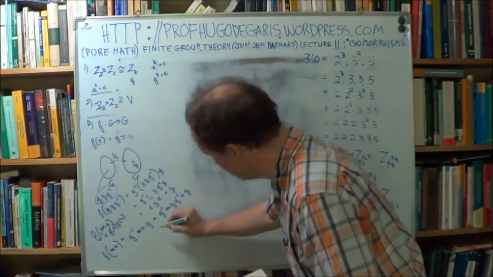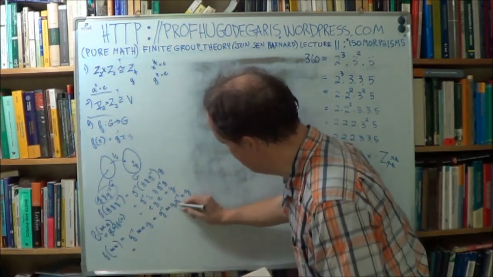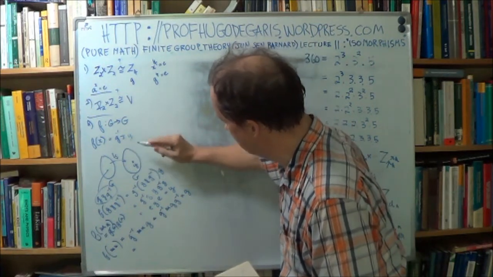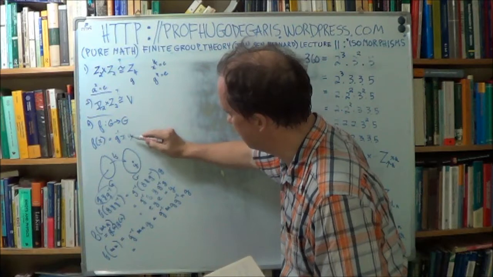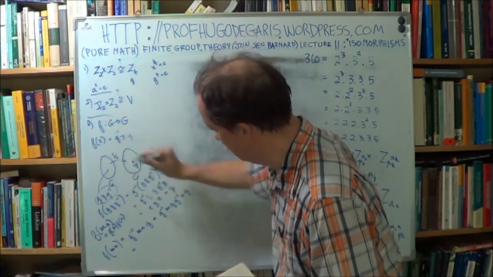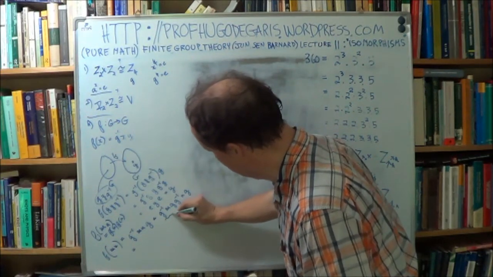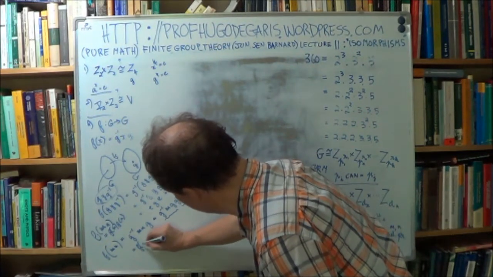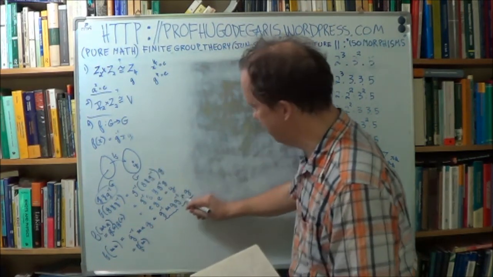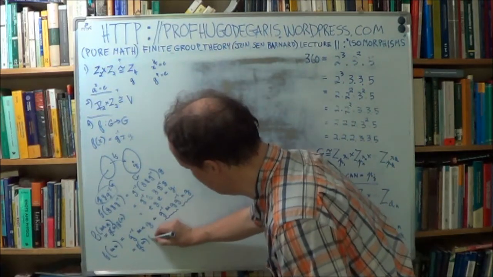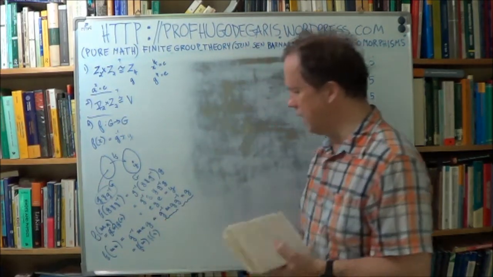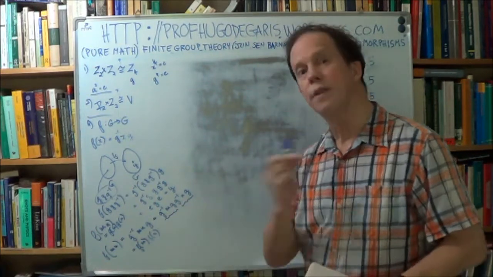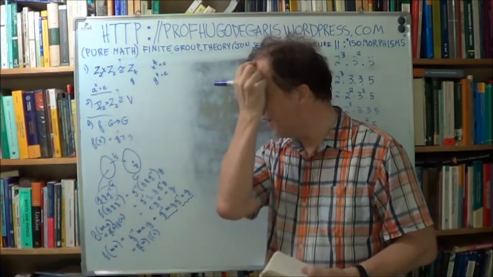I did that deliberately because G inverse M G is just M, so I can rewrite that as F of M, and a similar argument here. So you've got that. That's your third criterion.